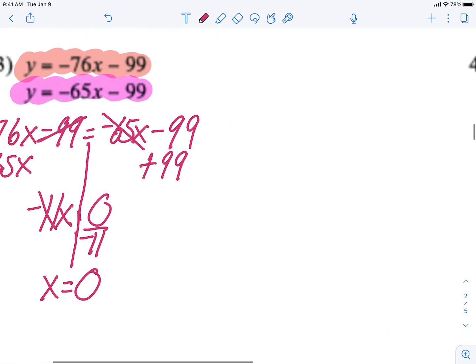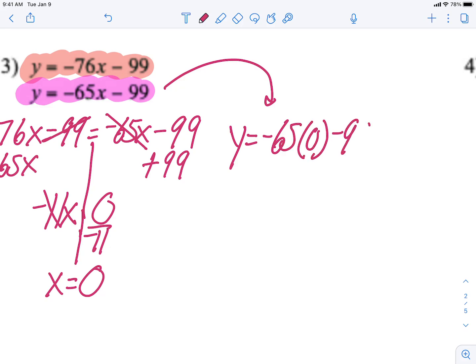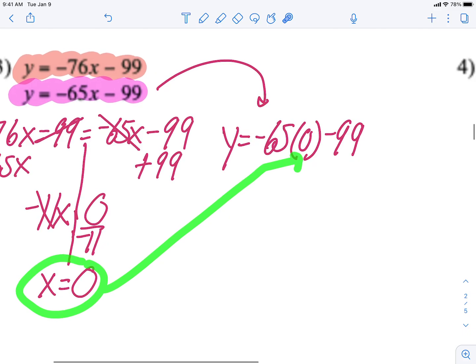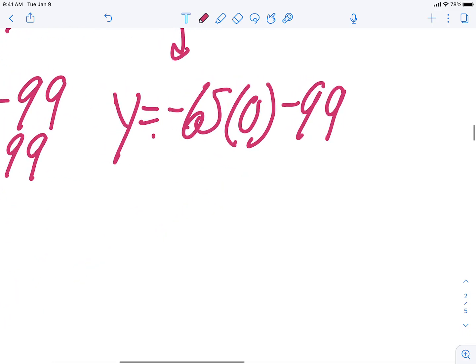Right? So let's bring over pink. Right? y is equal to negative 65, but instead of x, I'm going to write 0 minus 99. And I know that x went there, 0 was there because x is equal to 0. So that means that 0 went in there. Right? Draw my line of separation.